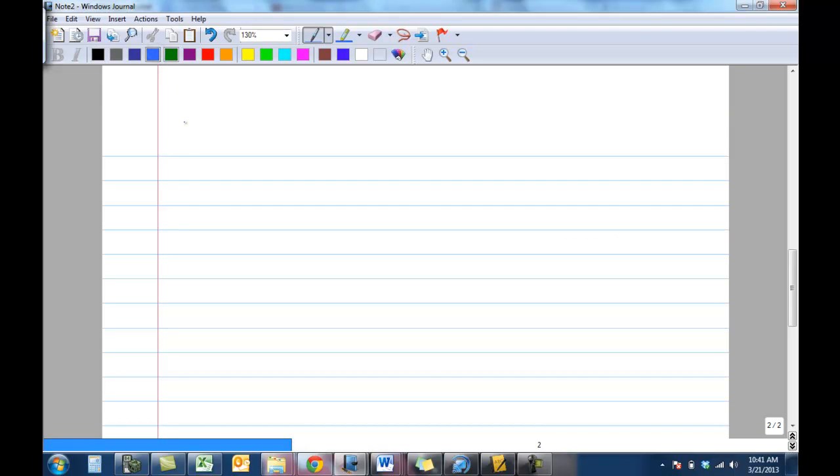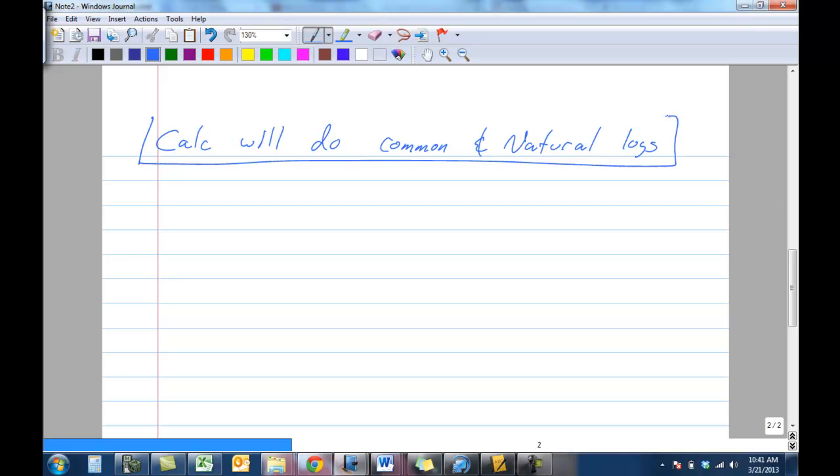Page 2. Now here's what's nice. The calculator will do common and natural logs for us. For example, if I ask you, what is log of 6?